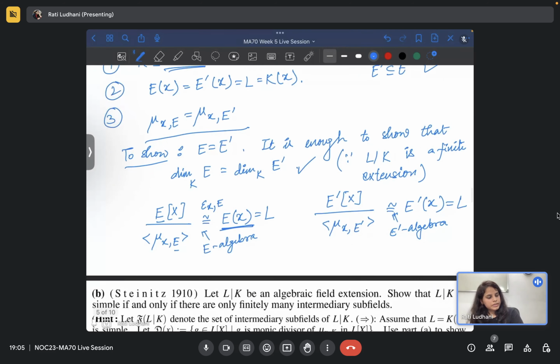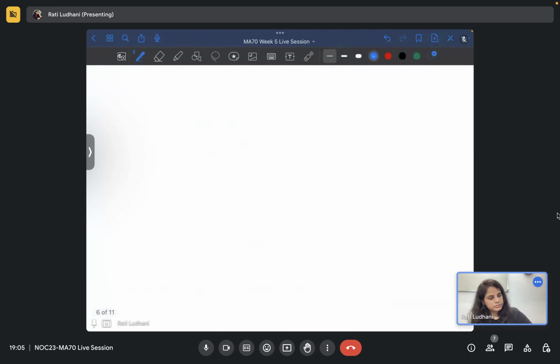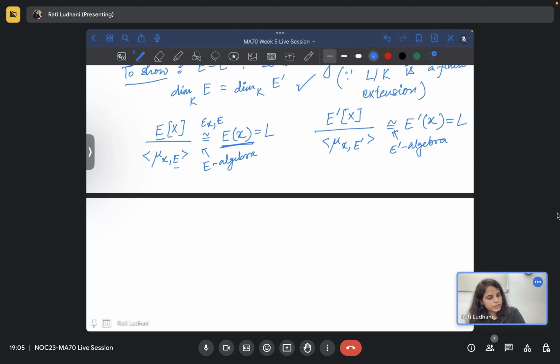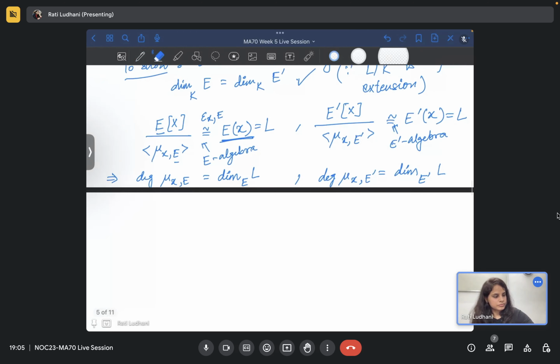But from this part and this part, what can we conclude? We need to go to the dimension. So the degree of mu x comma E is the same as the dimension of L over E, right? And from this, the degree of mu x comma E dash is the same as the dimension of L over E dash.